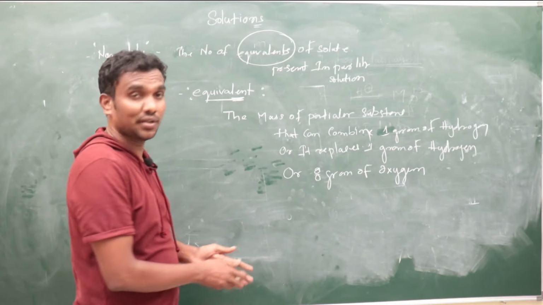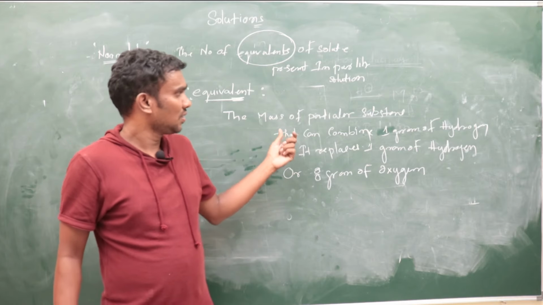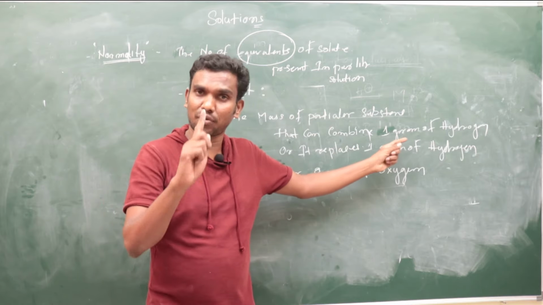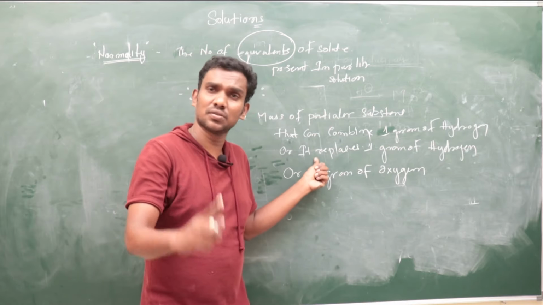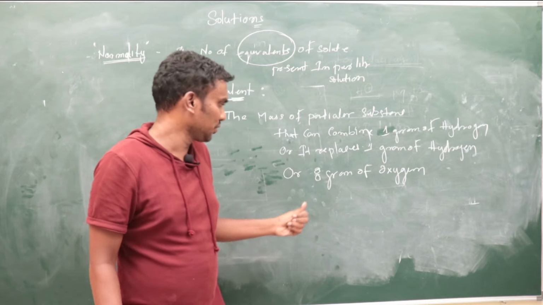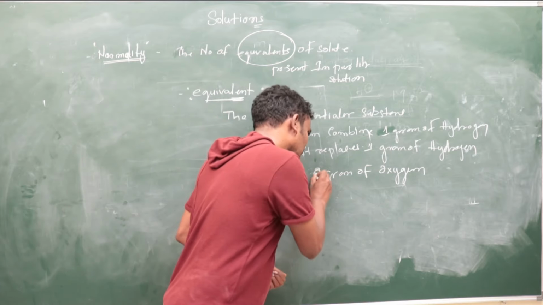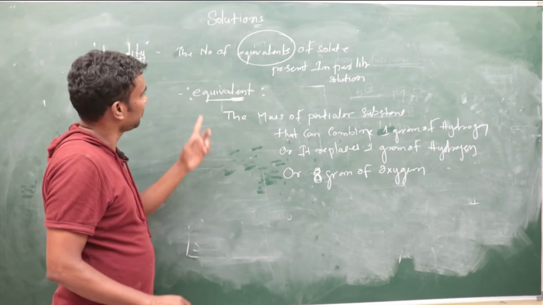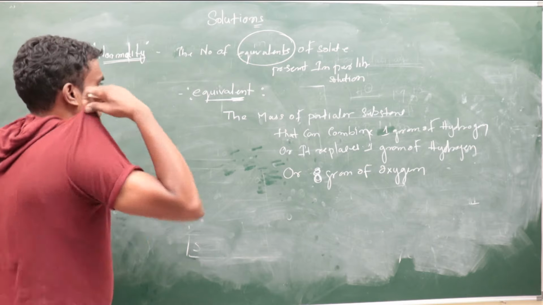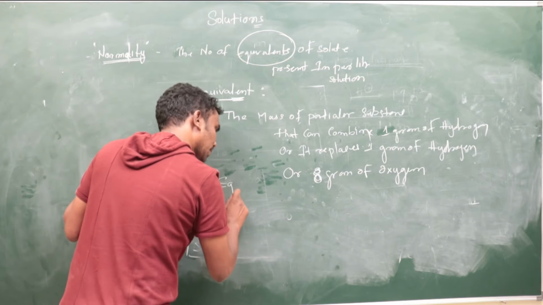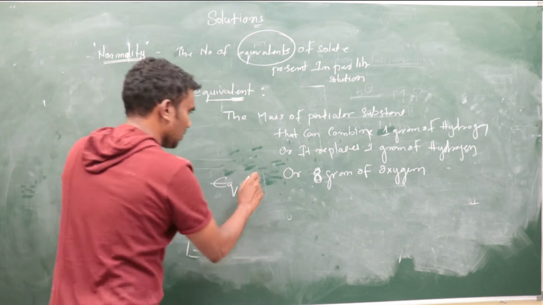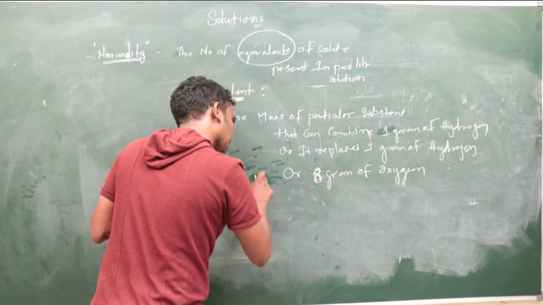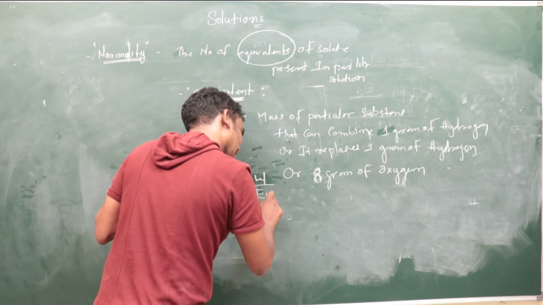Once again, the equivalent definition: the mass of a particular substance that can combine with 1 gram of hydrogen, or replaces 1 gram of hydrogen, or 8 grams of oxygen, sir. So this is the definition of equivalence. According to the formula, equivalence means weight by equivalent mass, sir.